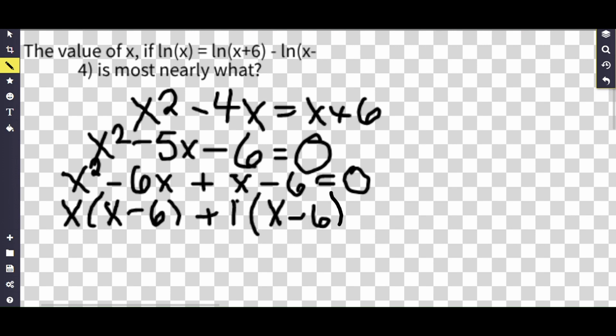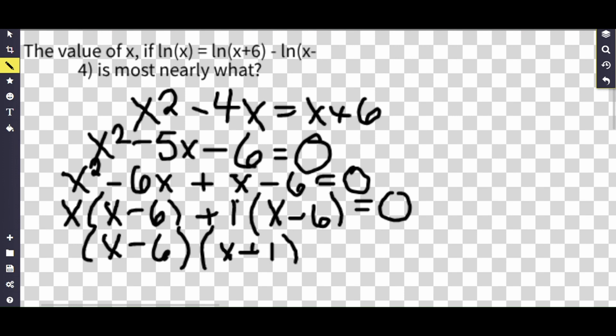So we know that the multipliers are going to be x minus 6, and then this parenthesis set here will be x plus 1.